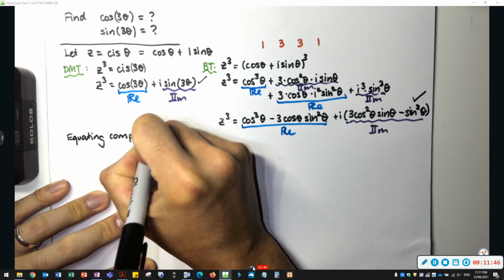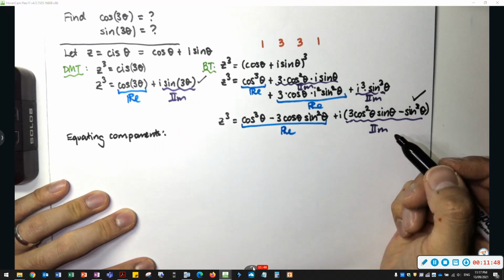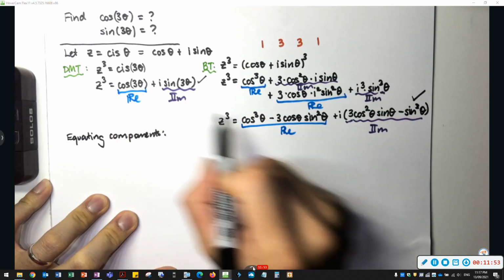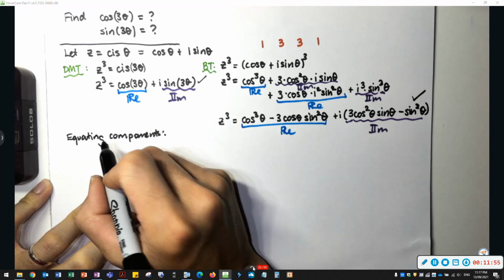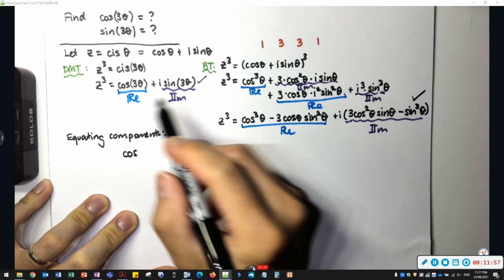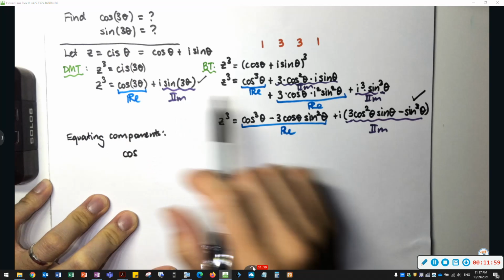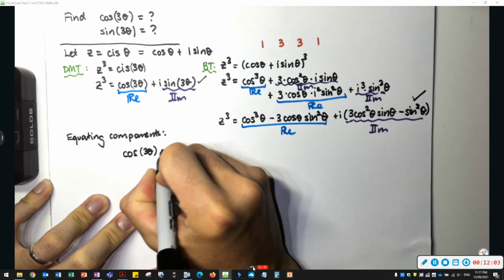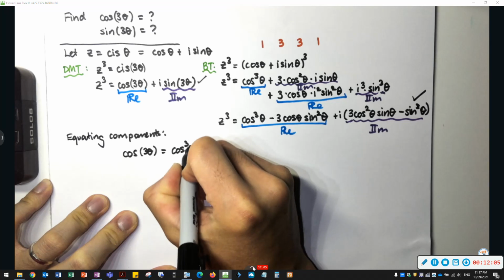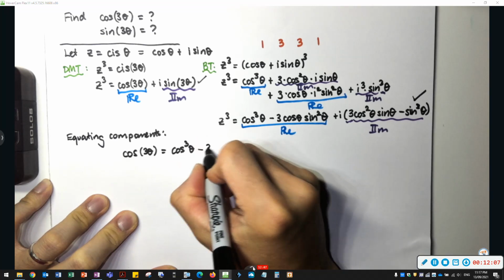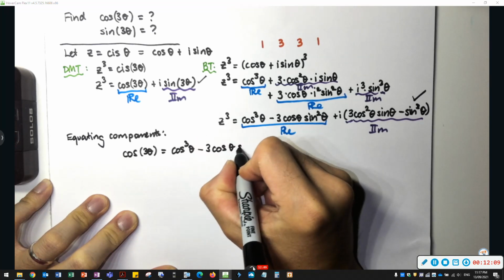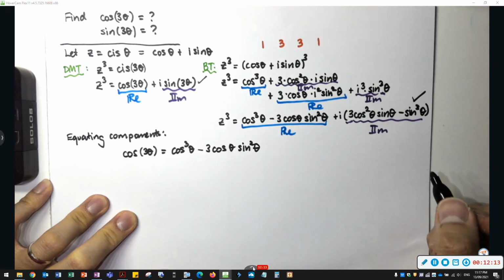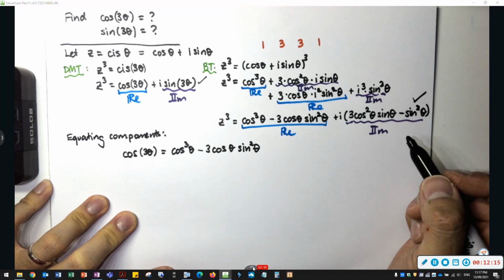Hopefully you'll see, just like in the previous example, that to get the cosine you equate the real components. Alright, if you want to get the sine identity, then you equate the imaginary components. So cos 3 theta equals cos cubed theta minus 3 cos theta sine squared theta. I know it's very long, but it is pretty cool. You've got an expression for cos 3 theta.